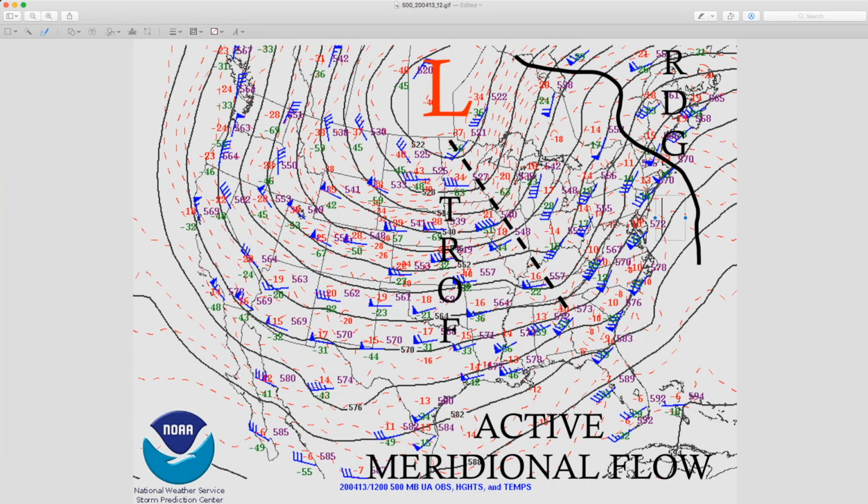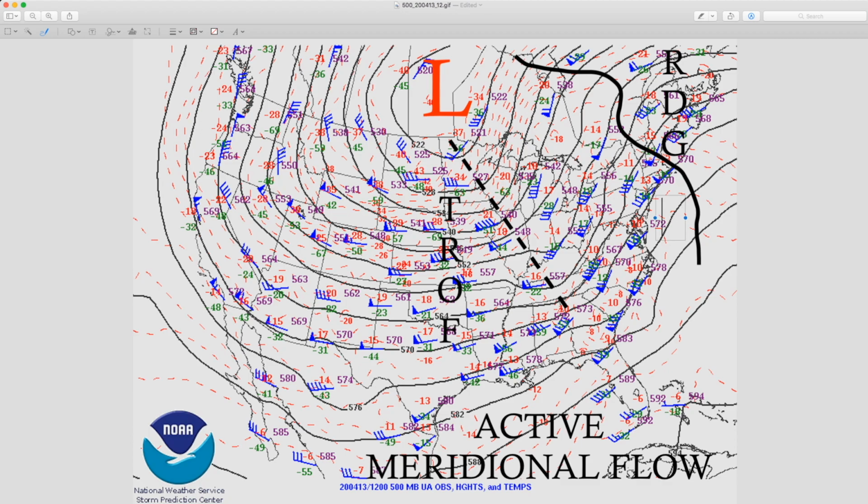That's all you need to know in the 500 millibar, so that when you're looking at forecast models, the first thing you should look at is the 500 millibar chart. You're going to look for this pattern, okay? And this pattern just brought a huge tornado outbreak yesterday to Dixie Alley, and is bringing a damaging wind event to southern Ontario.